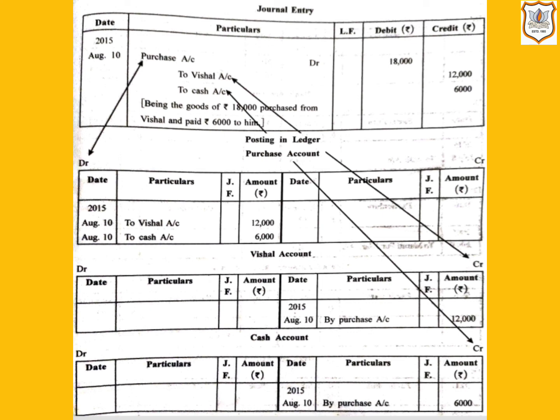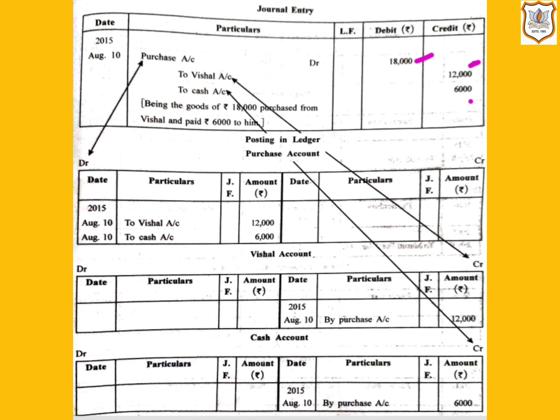As per this example, 18,000 is shown on the debit side of purchase account. You can see here 18,000 is shown on debit side of purchase account and 6,000 on the credit side of cash account and 12,000 on the credit side of Vishal's account. So, the same has to be posted.